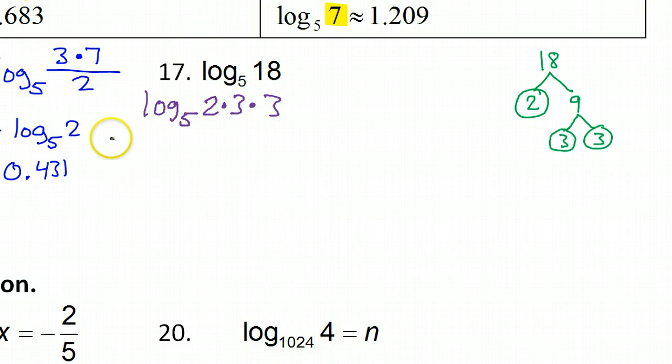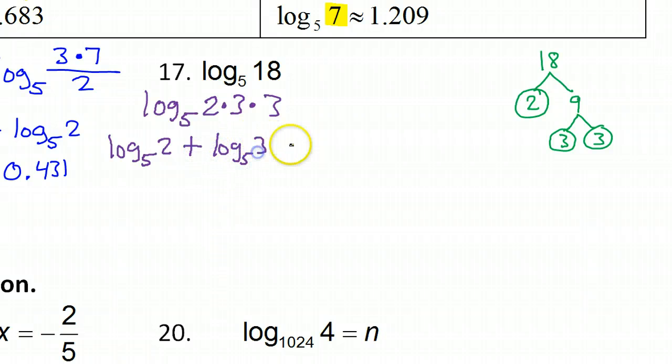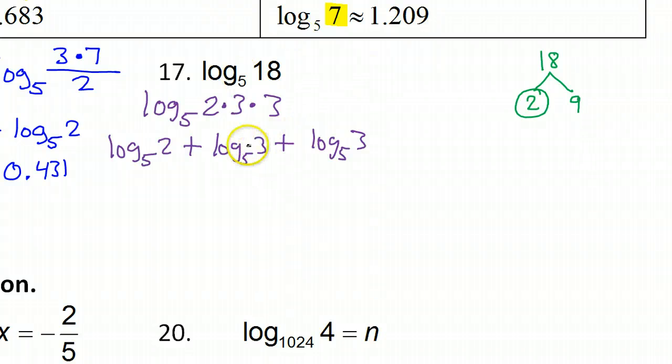So then this will expand as log base 5 of 2 plus log base 5 of 3 plus log base 5 of 3. Okay, this is a little bit the long way. A slightly easier thing to do, or just slightly quicker, is this: 9 is the same thing as 3 squared, right?